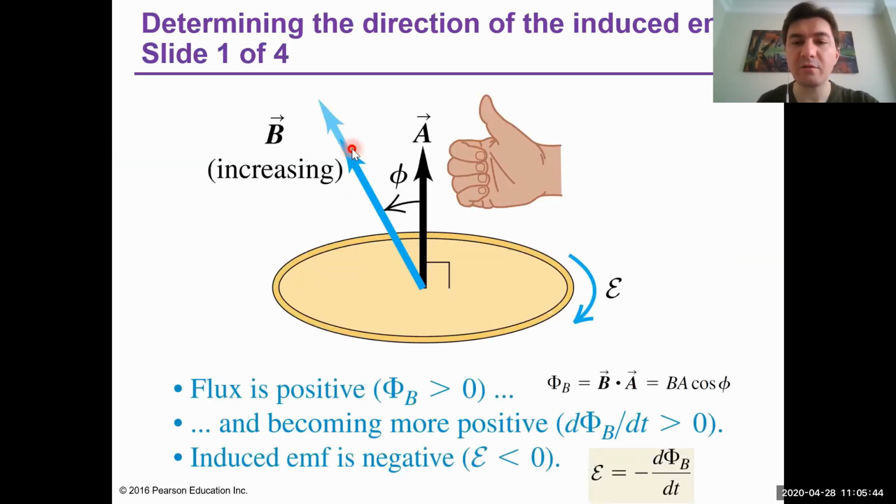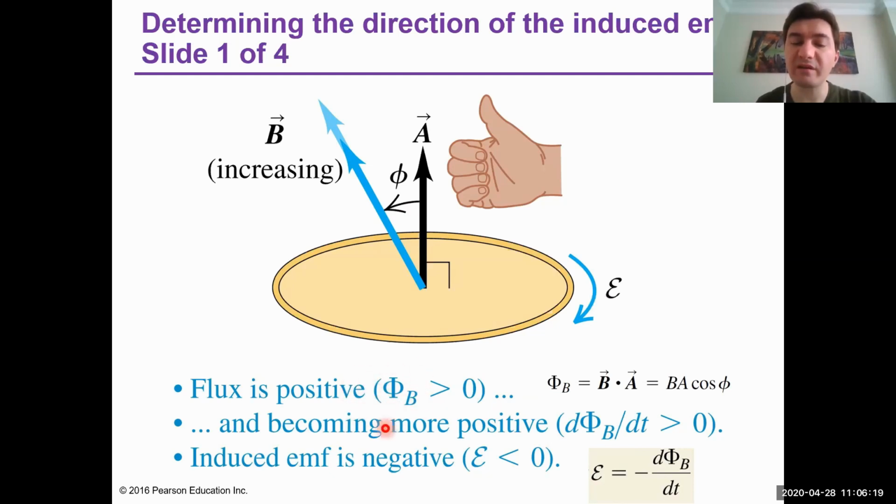So how do we find the EMF produced in the loop? If the magnetic field is constant, flux is constant, then there is no EMF in the system. But since the magnetic field changes, flux changes, then we should have EMF in the system, right? So how do we determine the direction of the EMF? First of all, just look at the flux.